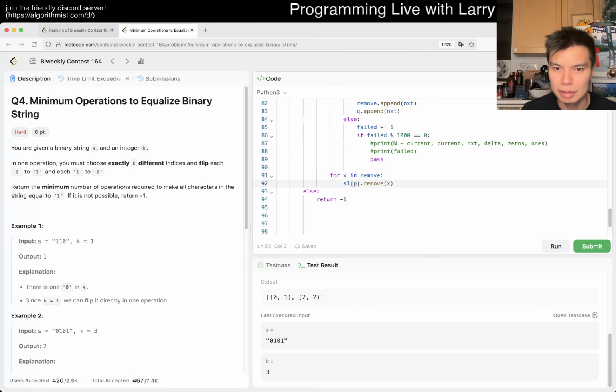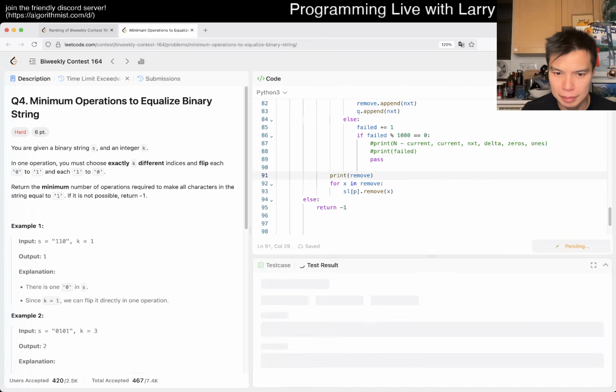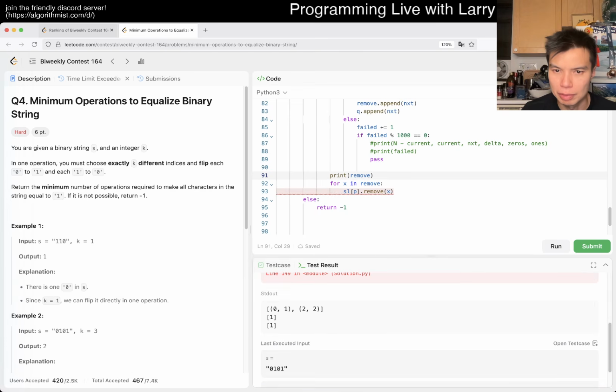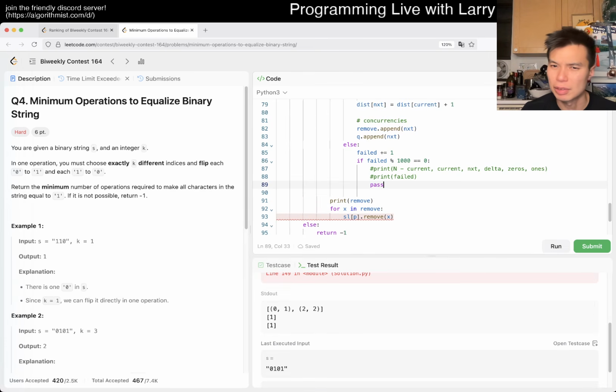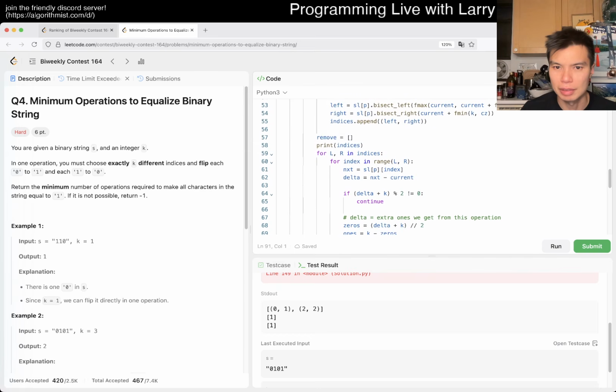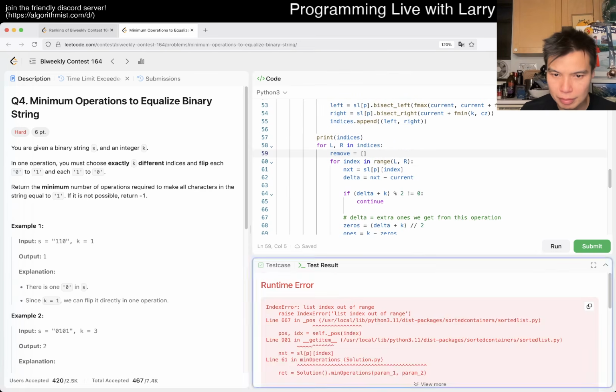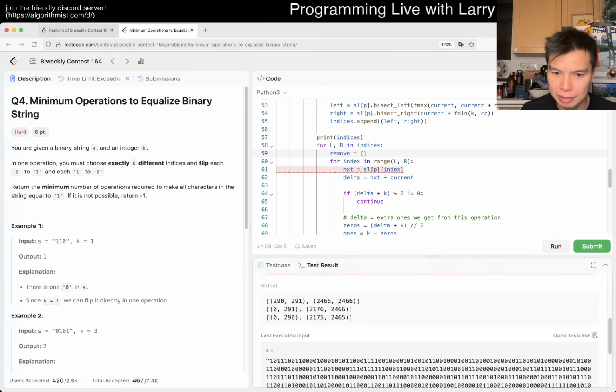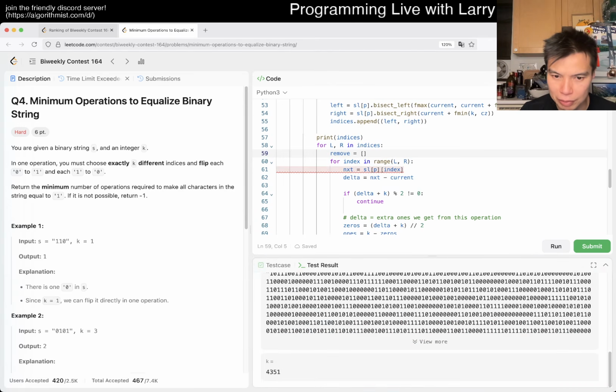Remove, okay. We do put in the remove twice. Oh, because of the second time in the loop, but oh, because we don't clear remove. Okay, that's what I expected. But we can take a look to see why.